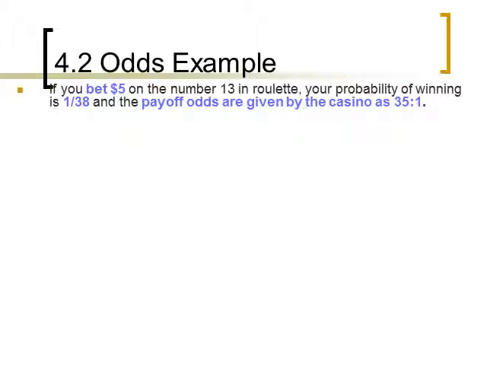Why does it say the probability of winning is 1 out of 38? Well, that fraction itself means that there's one number 13 on the roulette wheel, and 38 must mean that there's 38 slots total on the roulette wheel. And then the payoff odds are given by the casino as $35 to $1.